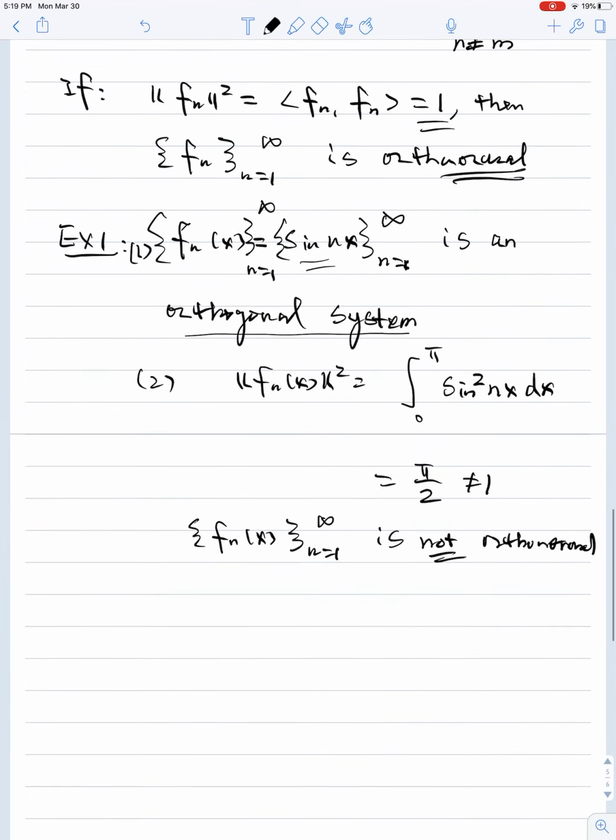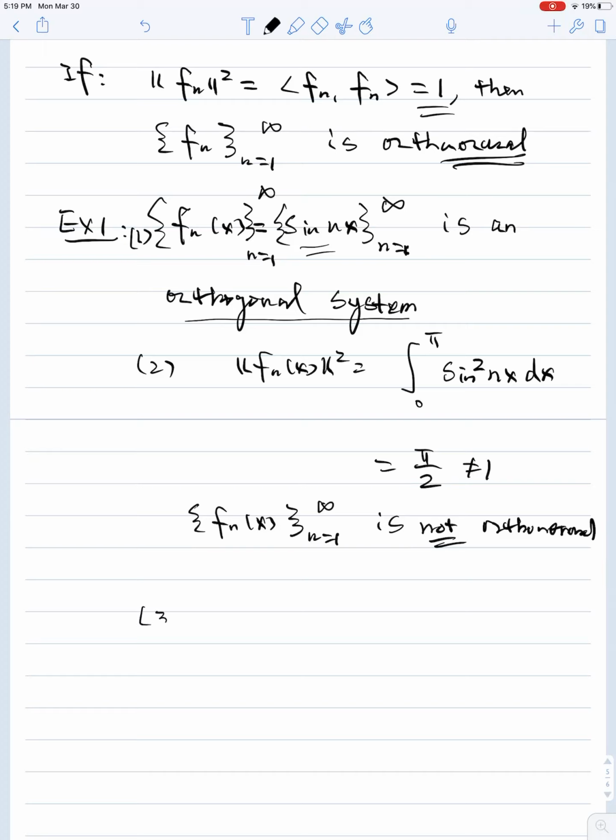But we can divide both sides by pi over 2, so that 2 over pi times the norm squared equals 1. Then we move this inside the norm, so this would be the square root of 2 over pi times f_n. This equals 1.